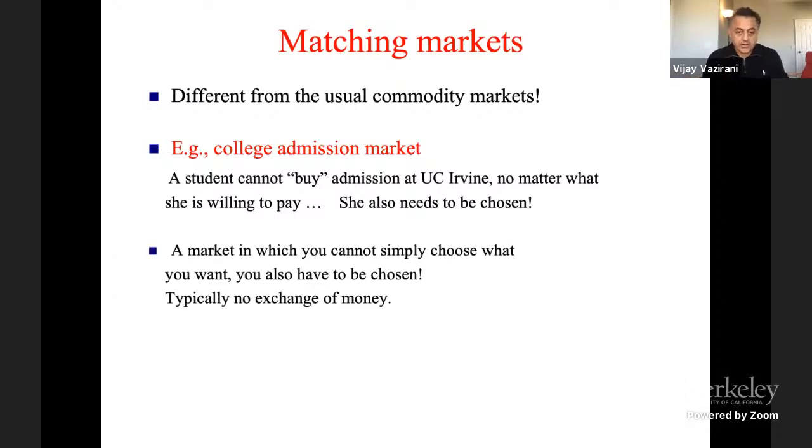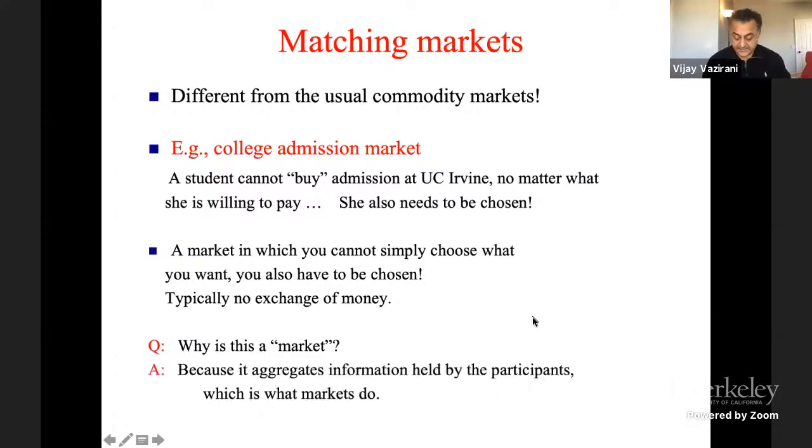Okay, so that's what this market is about. It's a market in which you cannot simply choose what you want. You also have to be chosen. And typically there's no exchange of money involved. So the big question is, why is this even a market as we know markets?